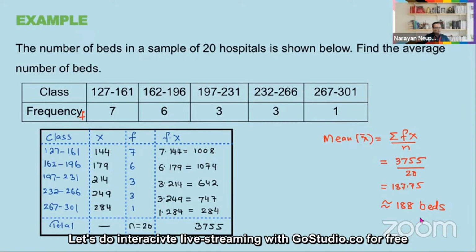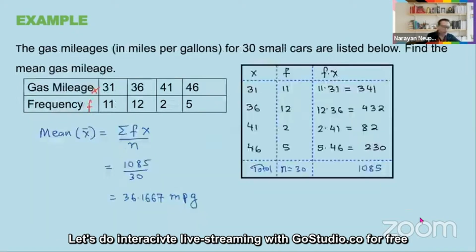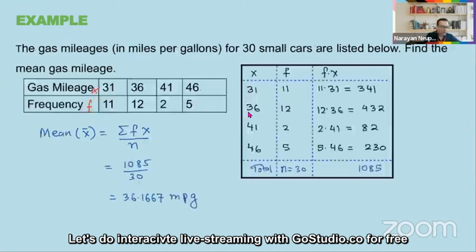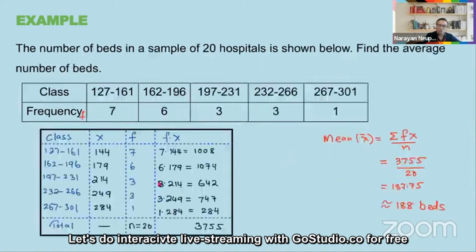Okay, is this example clear to all of you? Yes, okay, that is perfect. So these three examples are based on grouped and ungrouped data, right? The first example was on ungrouped data. There was no frequency there. This one is on grouped data because you have the frequency. And this one is also grouped because you have the frequency, okay?